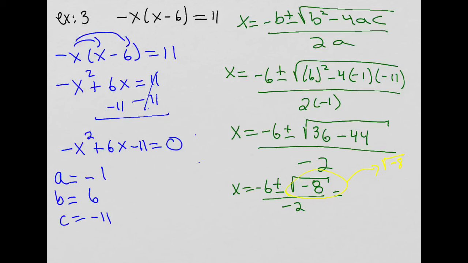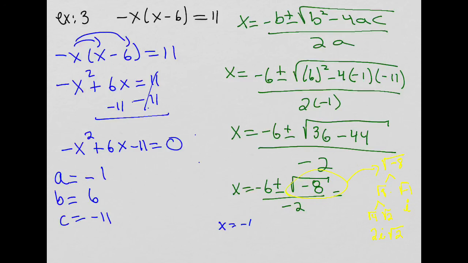Knowing that I have a negative inside the square root, I know I'm going to have to bring out the i, because if I break this into square root of 8 times square root of negative 1, I know that the square root of negative 1 is i. Now 8 is not a perfect square, so I'm going to break it into 4 times 2. So square root of 4 is 2. The i comes down, and I'm left with 2 inside the radical. So that's what the radical simplifies to.